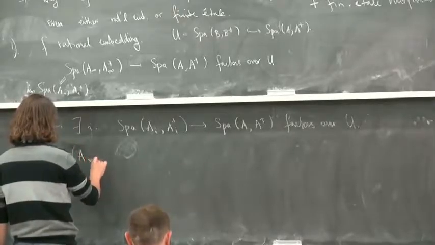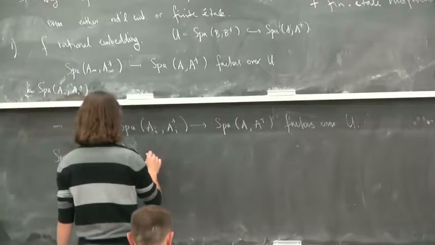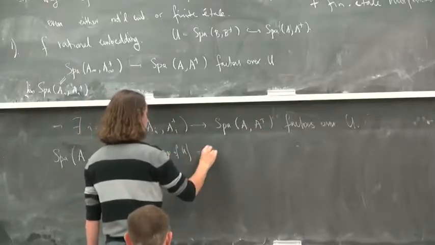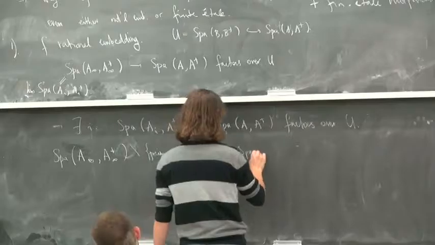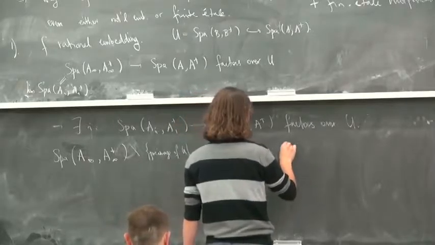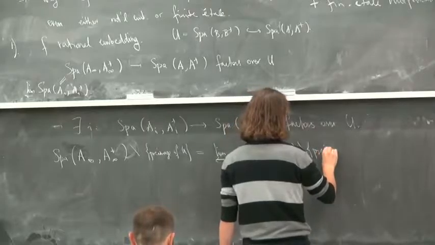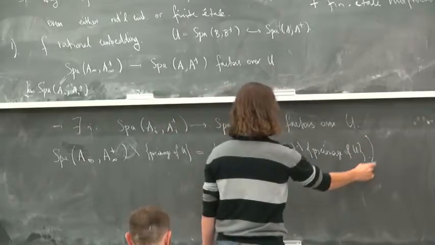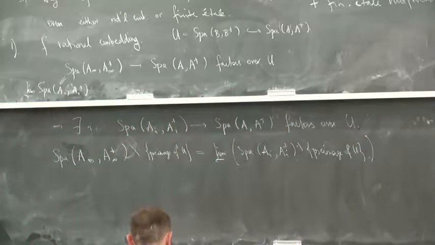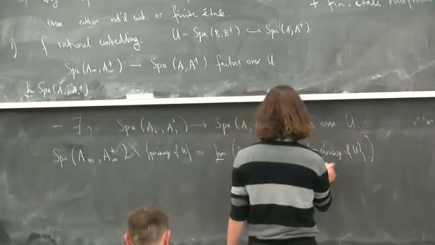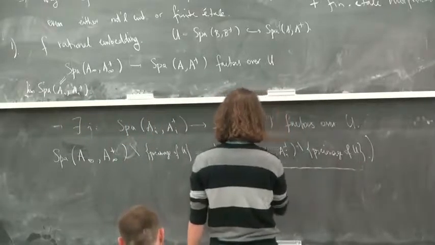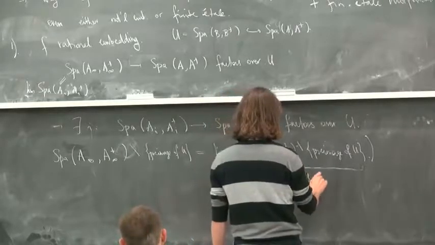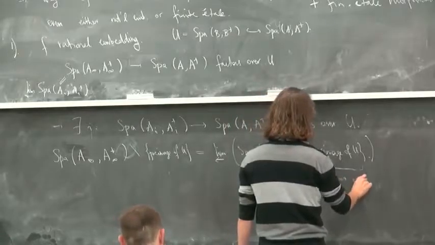So if you take Spa A infinity, A infinity plus minus the preimage of U, it's also the inverse limit of Spa A_i, A_i plus minus the preimage of V. And so the preimage of U is open certainly, so this thing here is closed in a spectral space, and so spectral itself.